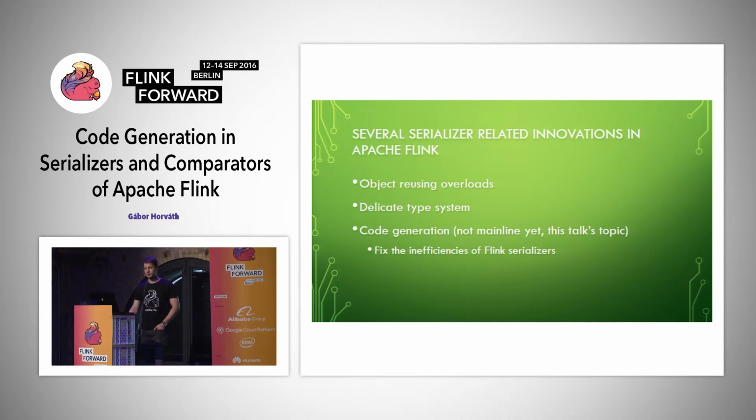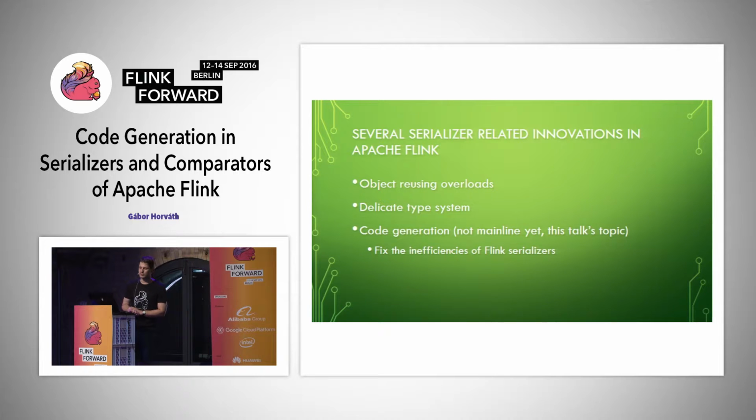It is important to note that Flink has several serializer-based innovations because of the central role of serialization in Flink. For example, as far as I know, it is unique to Flink that serializing methods have object reusing overloads to avoid excess object creation.